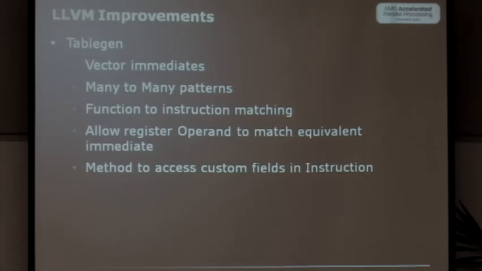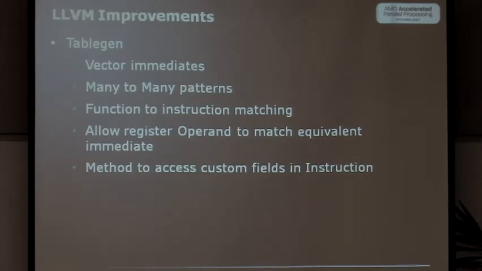Another thing is register operand to immediate equivalence, or matching the equivalent immediate. Say I have an add instruction, and one of the operands is an immediate value and the other is a register. Currently, I have to write a pattern to handle register and immediate, and another for register and register. I don't want to do that because it bloats the size of my TableGen files.